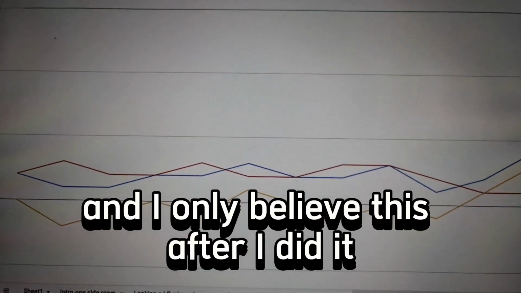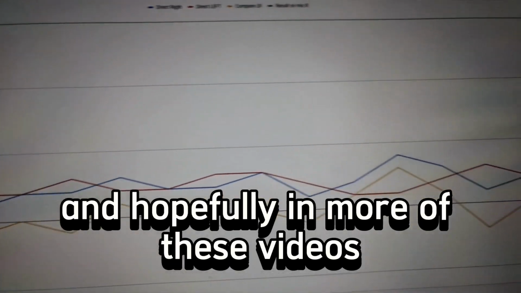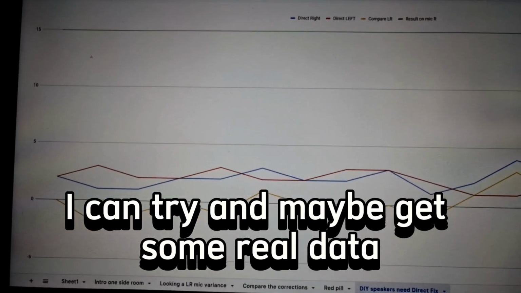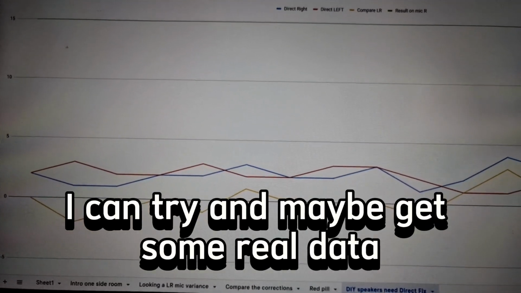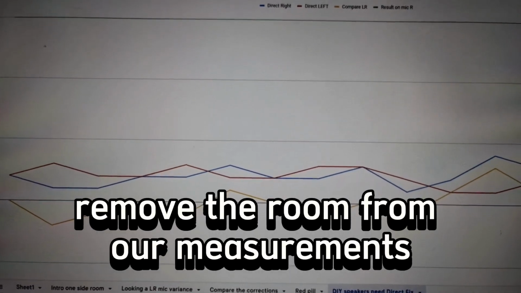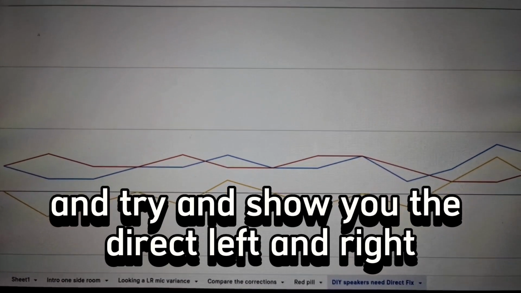And I only believed this after I did it. And hopefully in more of these videos, I can try and maybe get some real data where I can somehow remove the room from our measurements and show you the direct left and right.